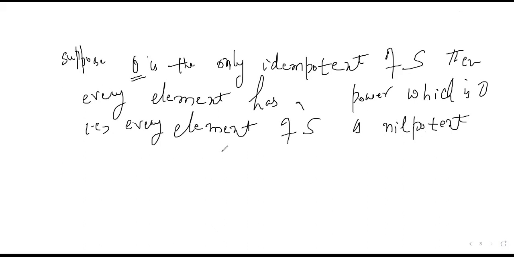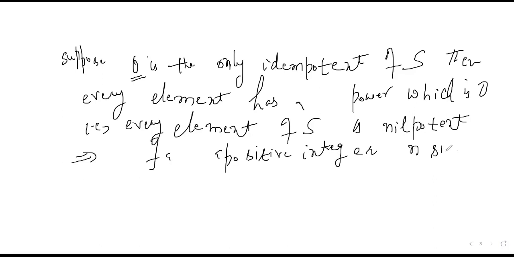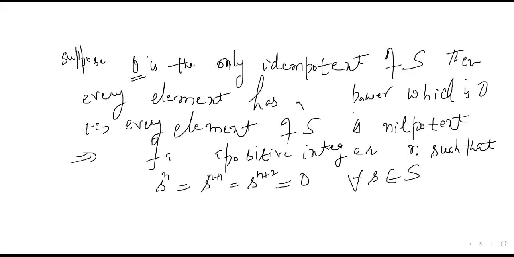So this means there exists a positive integer n such that s raised to power n, which is equal to s raised to power n plus 1, which is equal to s raised to power n plus 2, which is equal to 0, and this is for all s in S. Okay?